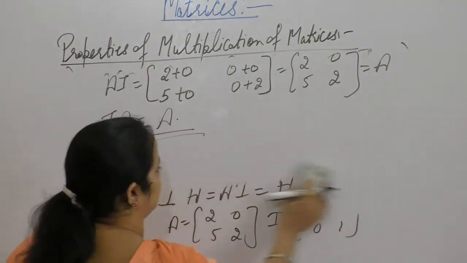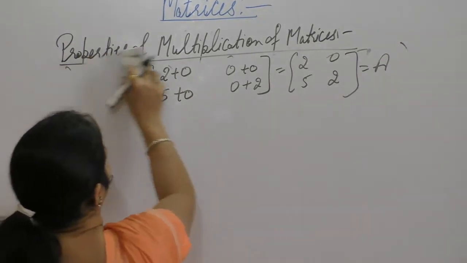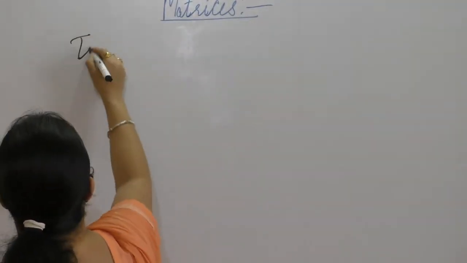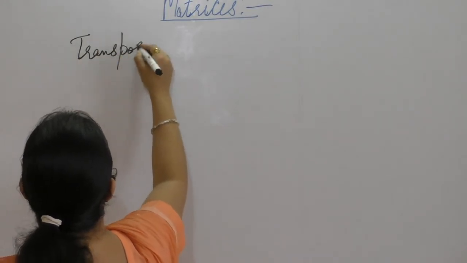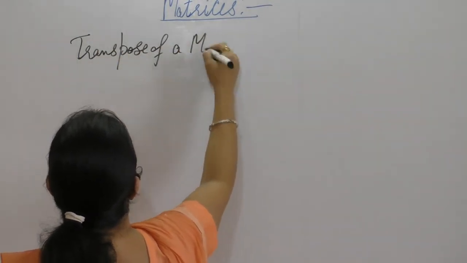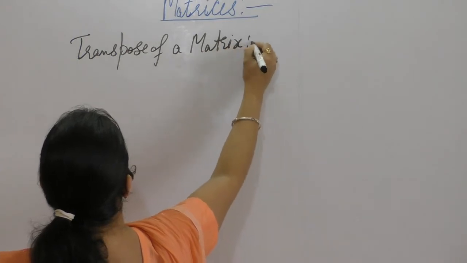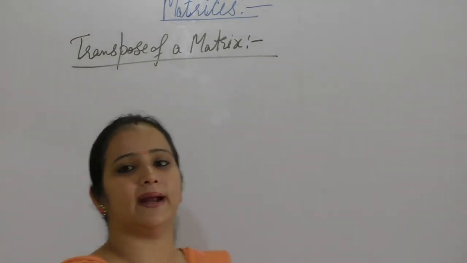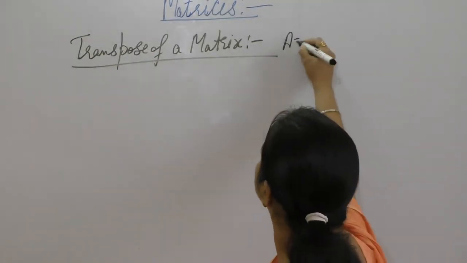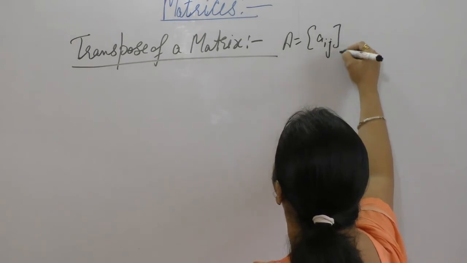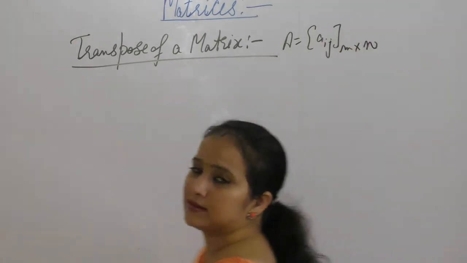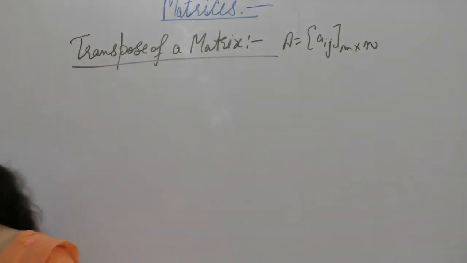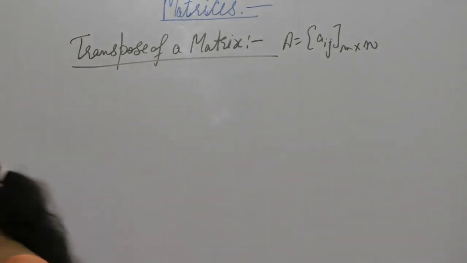Next is transpose of a matrix. Let A equal Aij be a matrix of order m into n.